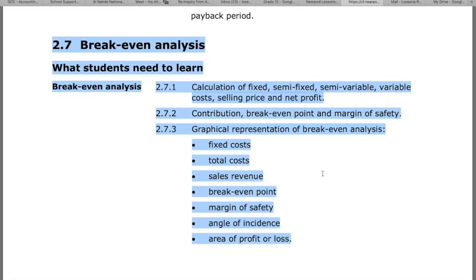In simple words, when you start a business, you have invested a certain amount of money into the business, correct? Now, you need to recover that money first. And once you recover that money, whatever you get after that point is pure profit. That's basically what we're going to be studying in break-even analysis, how we go about finding that.